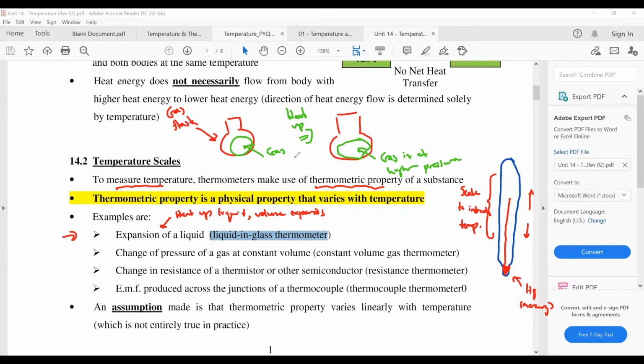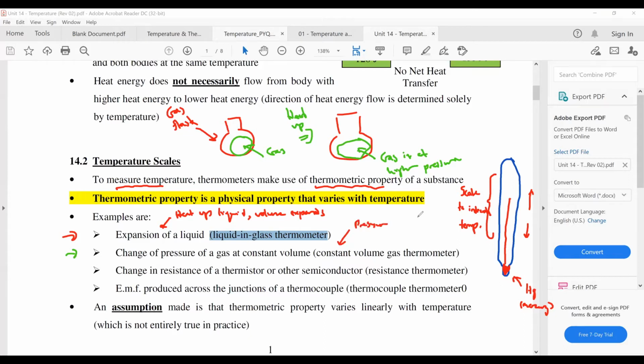So the idea here is that the more you heat it up, the higher your pressure will become. Here, your pressure is an indication of the heat energy that you add, which in turn will be an indication of the temperature of the thing that you're trying to measure. Okay, so here we say change in pressure of a gas at constant volume, which is used in a constant volume gas thermometer.